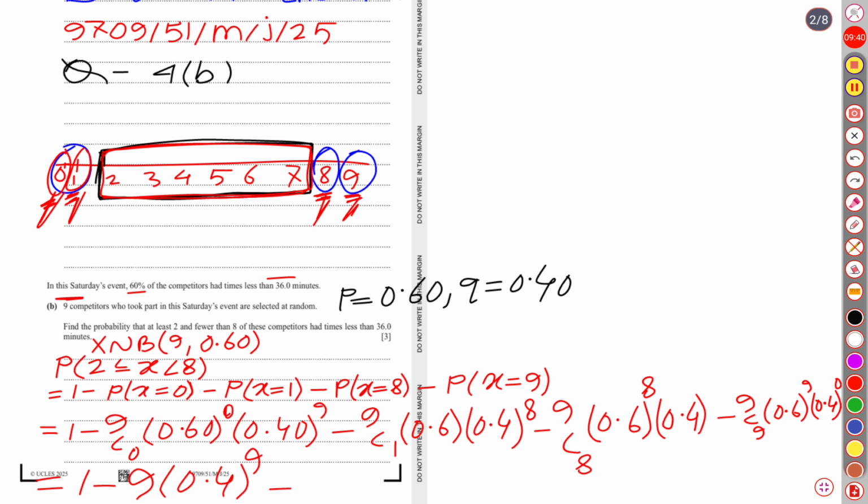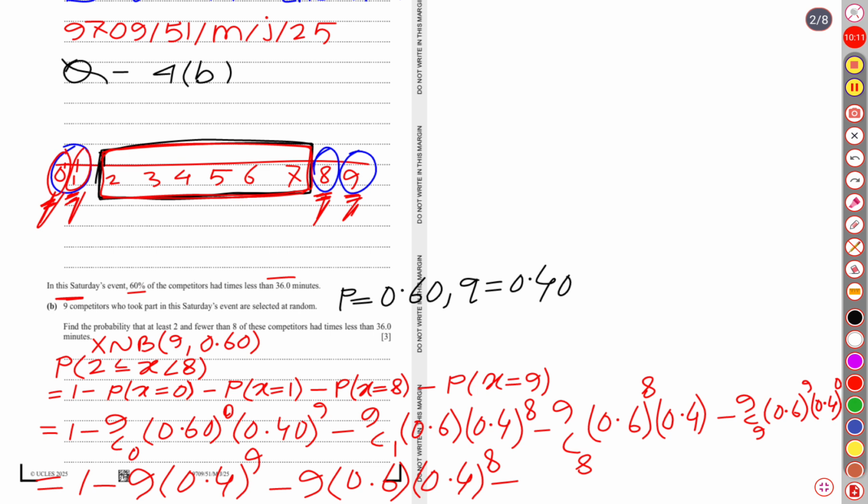Minus 9 choose 1: from 9 people, if you choose 1 by 1, there are 9 ways to choose them, and 0.6 and 0.4 raised to 8. The second one has gone. The third one has gone. Then the fourth one, 9 choose 8.